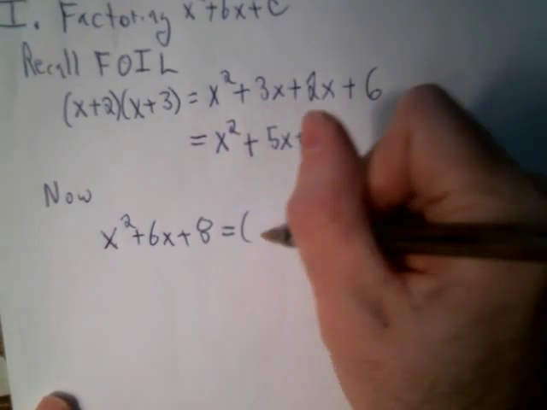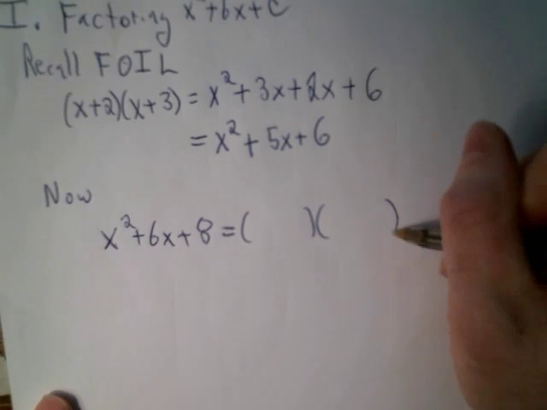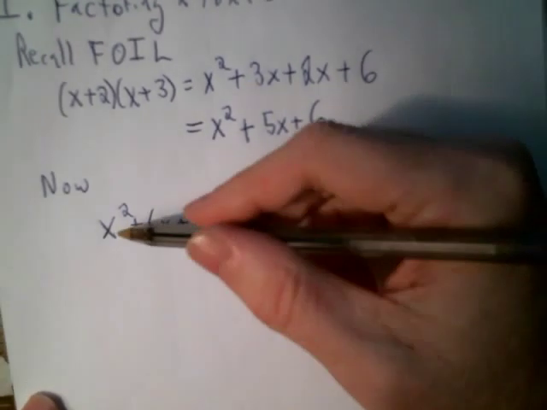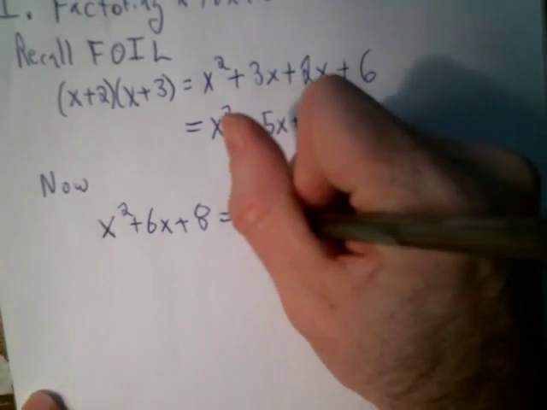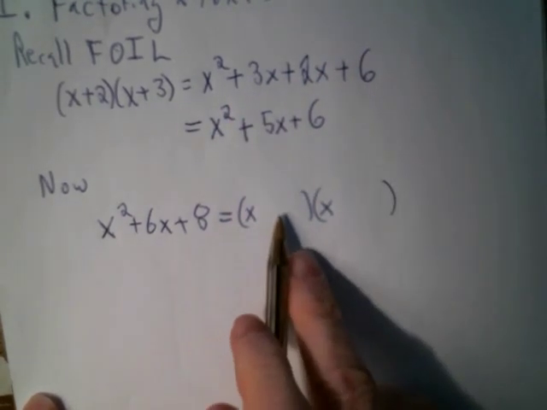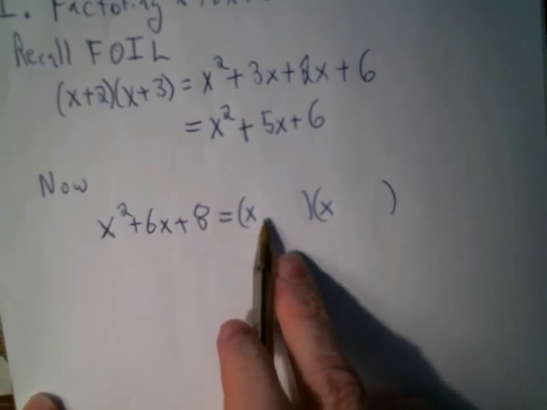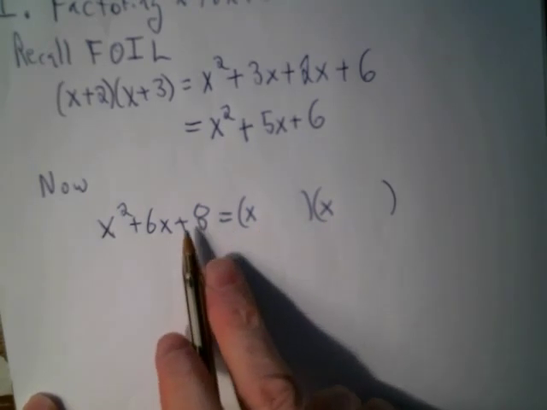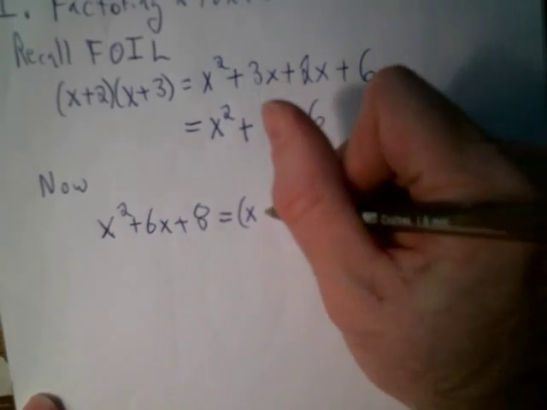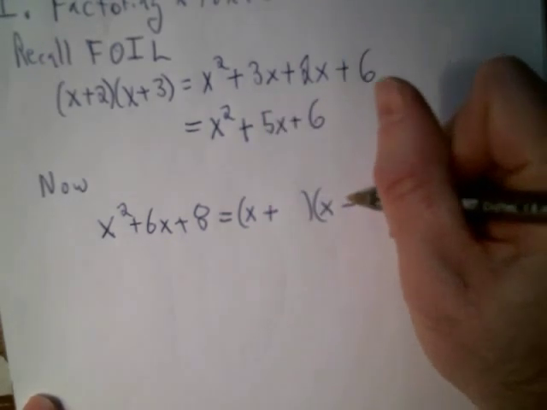You set up the parentheses, and then you ask what times what has to be x squared: x times x. Then you look at the signs. The last term has to be a positive times a positive to give a positive, or a negative times a negative to give a positive. In this case, it'll be plus plus.